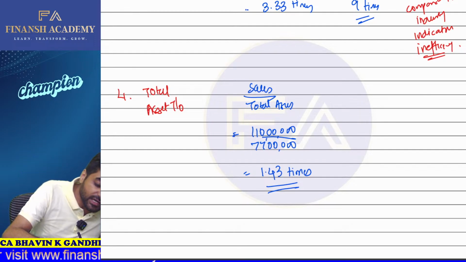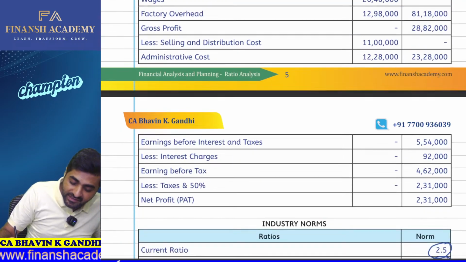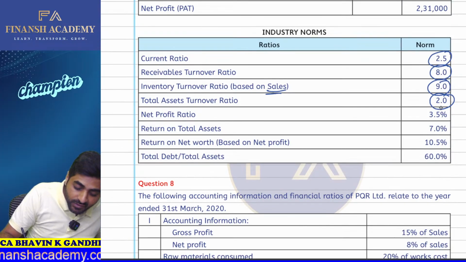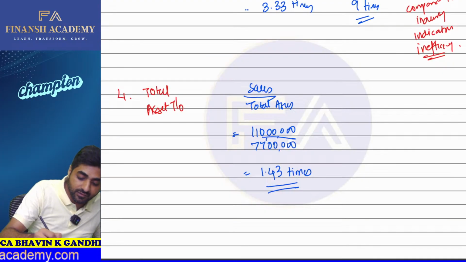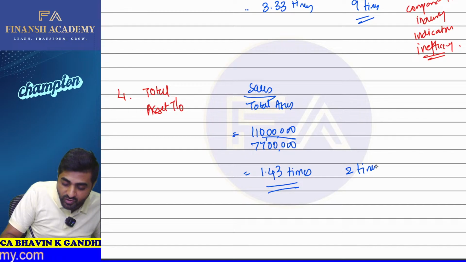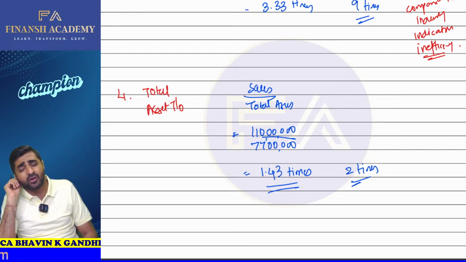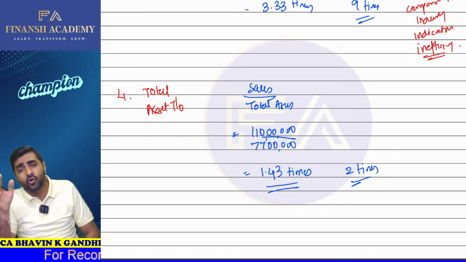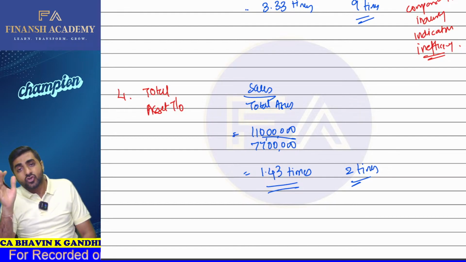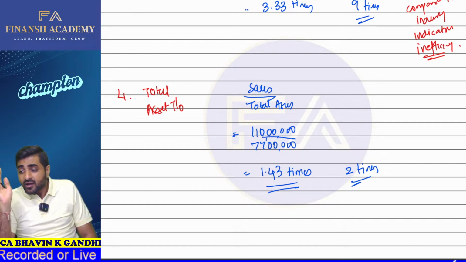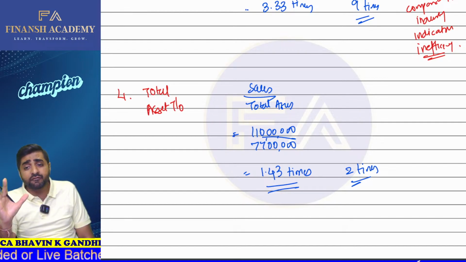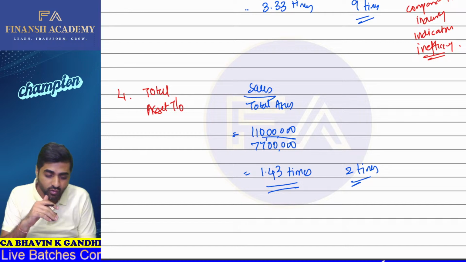Let's check this out with the industry. Your industry asset turnover ratio is how much? So that is 2 times. Okay. So here also, can I say the company is performing inefficiently, because all this should be higher the better. But the company is having a turnover ratio which is lower than the industry standards. So can I say that this is not good? This is a mark of inefficiency. Come on, yes or no? Yes, sir.